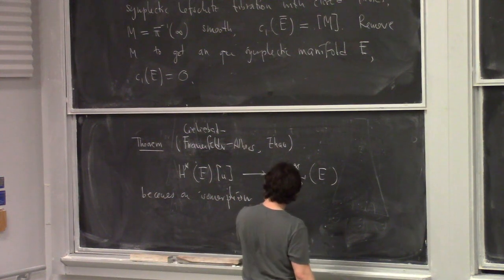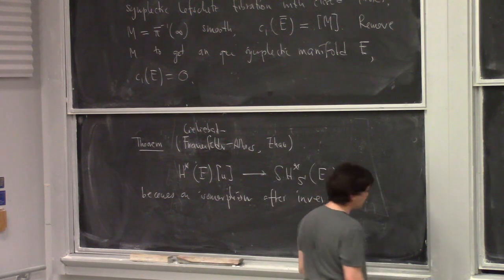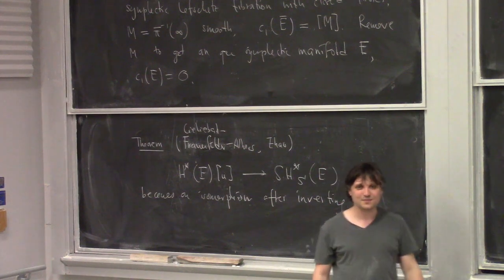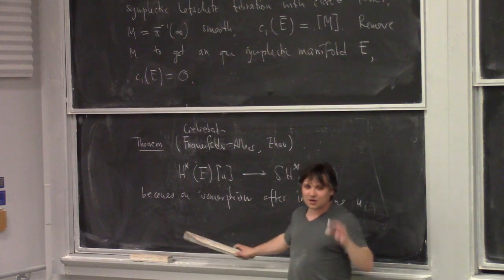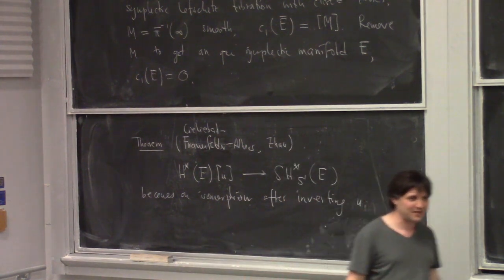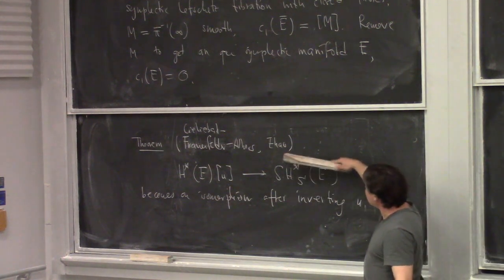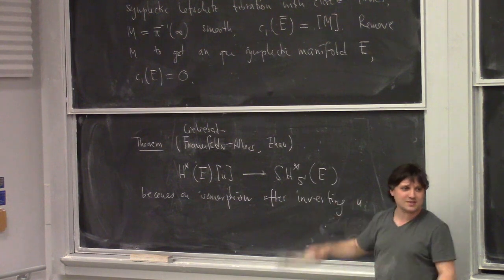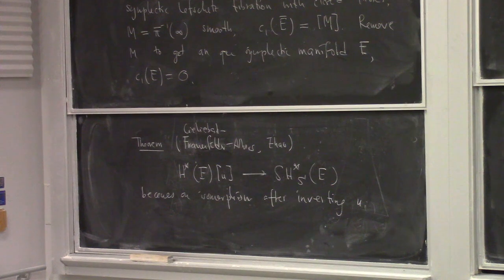In fact, to be honest, this case is a lot simpler than the case that they did. In the case that they looked at, it depends exactly on what you mean by S1-equivariant symplectic cohomology. But in this specific geometric situation, because this thing here is concentrated in bounded degrees, it doesn't actually matter which version you choose. And the proof is actually easy.